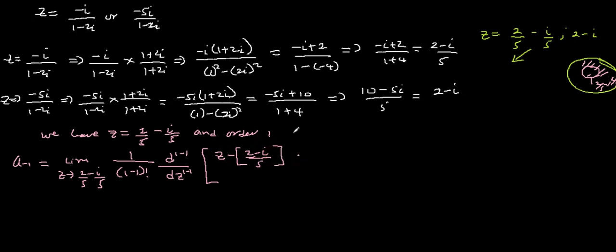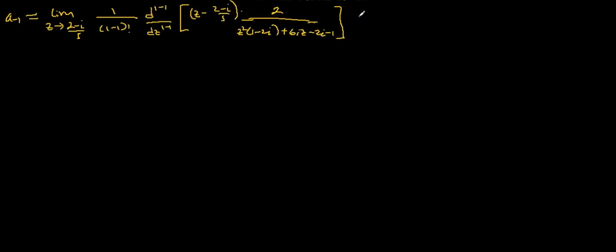Then we have multiplying f of z. Remember, our f of z is 2 divided by z squared into 1 minus 2i plus 6iz minus 2i minus 1. So this is what we have. So in the next sheet we are going to be evaluating this more clearly. So remember, this is going to reduce, of course.